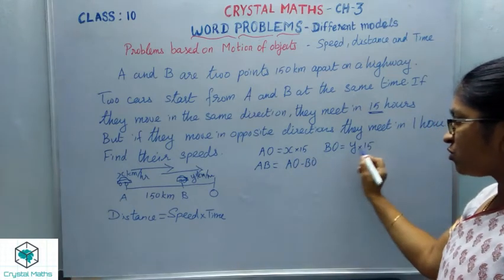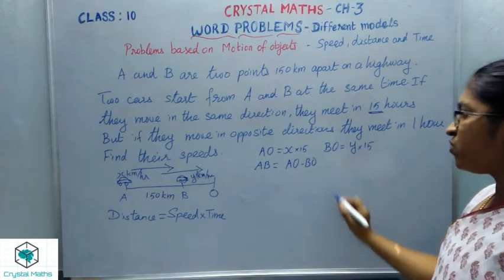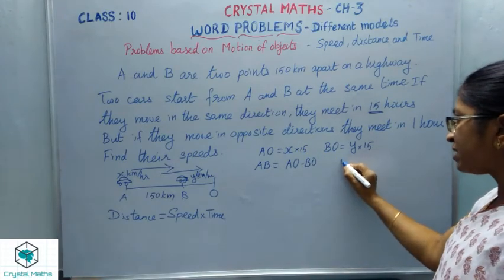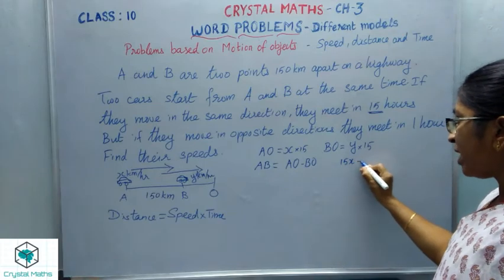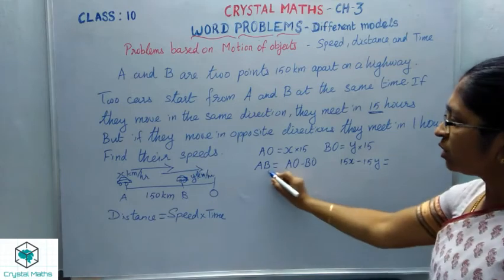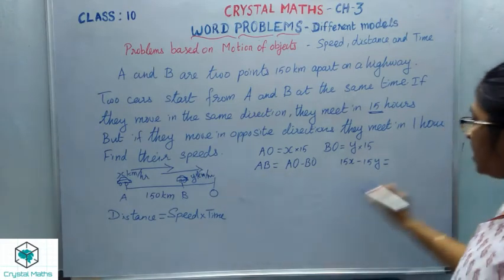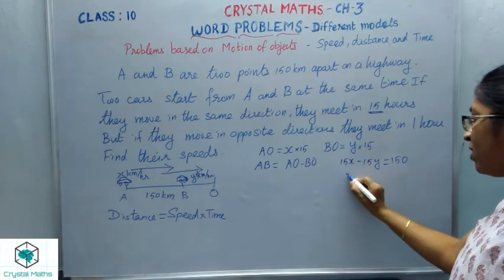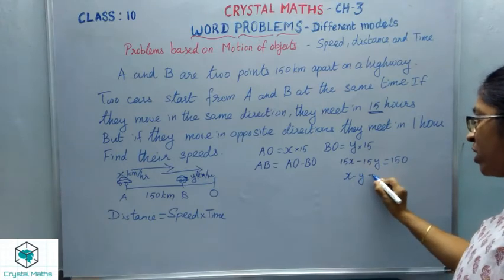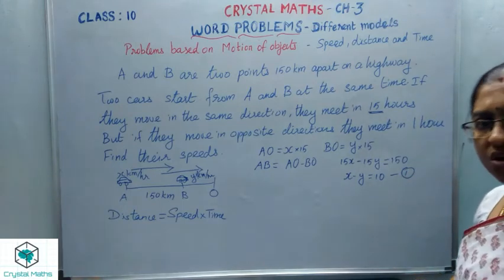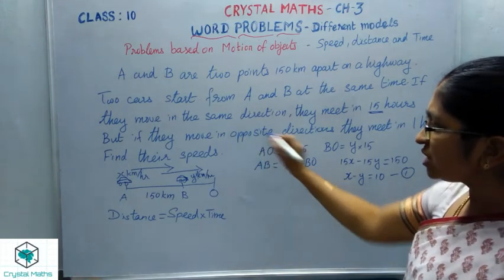If we substitute, we get the first equation: AO is 15x minus 15y equals the distance AB, 150 kilometers. Simplifying, we get x minus y equals 10. Let us call this equation 1 and come to the second one.